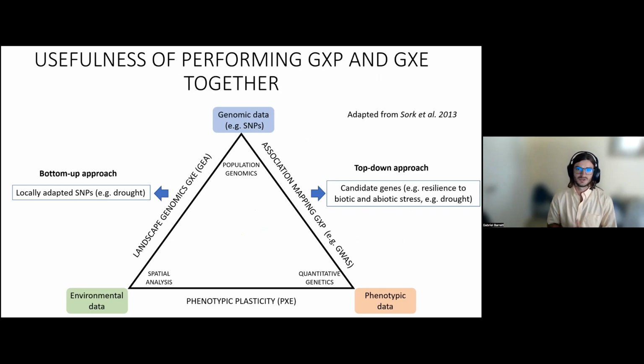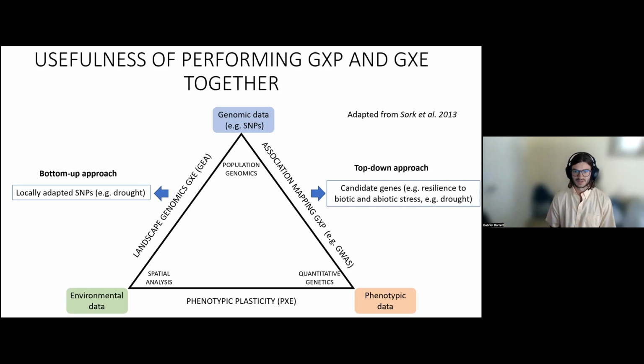I have introduced you to 2 slightly different approaches commonly used in population genomic research. One being landscape genomics, which resembles a bottom-up approach, meaning we start from the molecular portion of the organism and try to build our way up into identifying potentially adaptive phenotypic traits responsible for higher fitness levels in those environments.